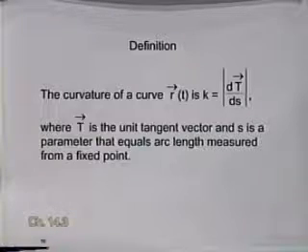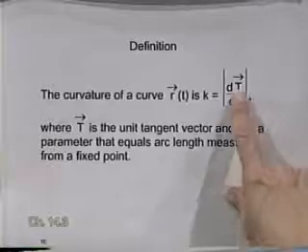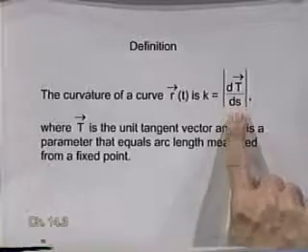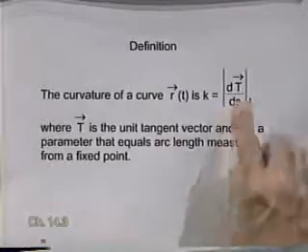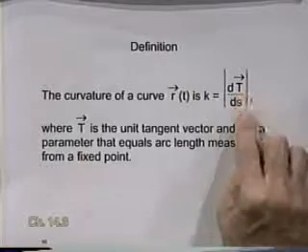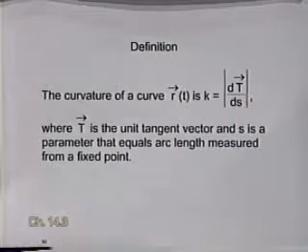Now the problem with this definition is it stinks, and the reason is it's the magnitude of the derivative of T with respect to s. S is arc length. So if you don't have your function parametrized in terms of arc length, you have to redo it. And the one I picked turned out quite nicely, but a lot of times it doesn't.